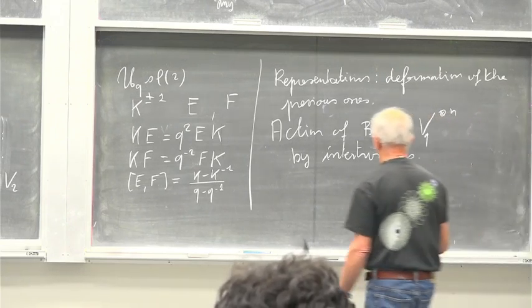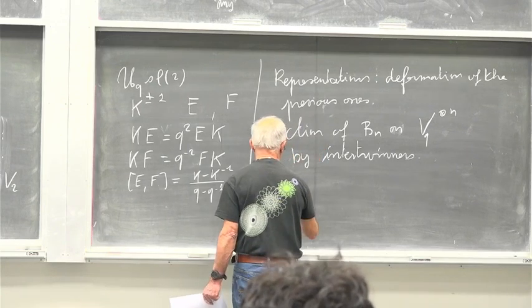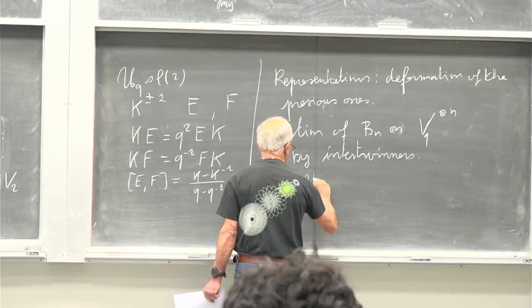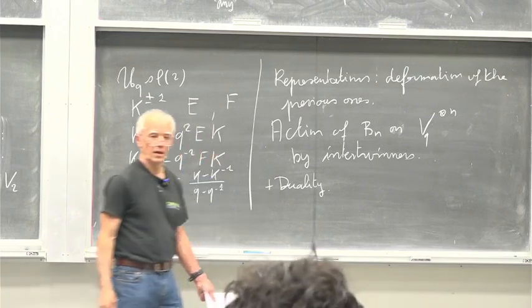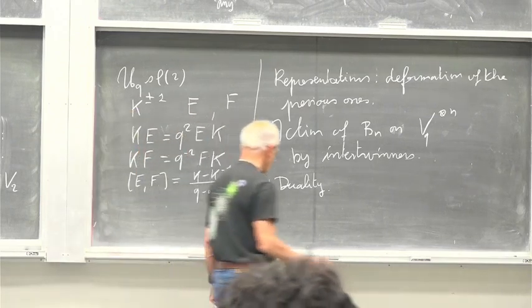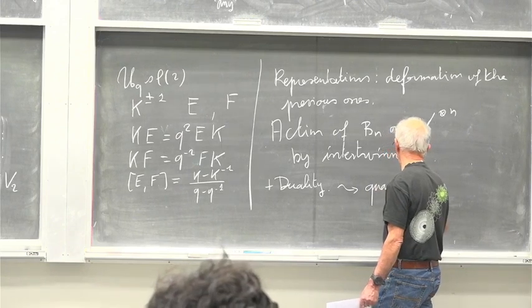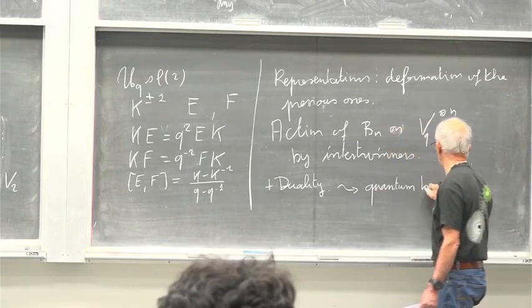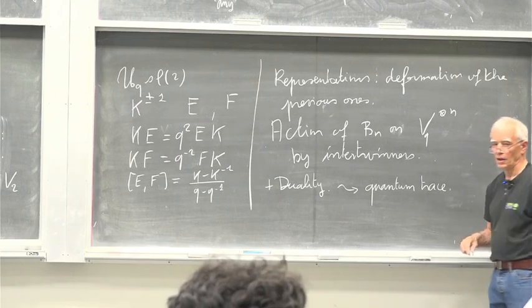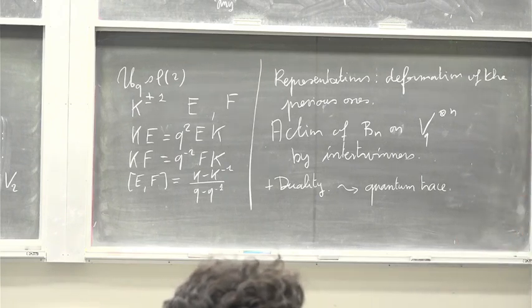And if you consider duality, you will get a trace. You deduce what will be called the quantum trace. And this quantum trace will give you an invariant of the closure of a braid, which is a link.